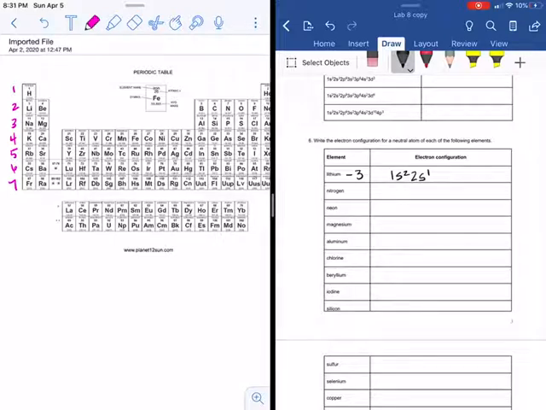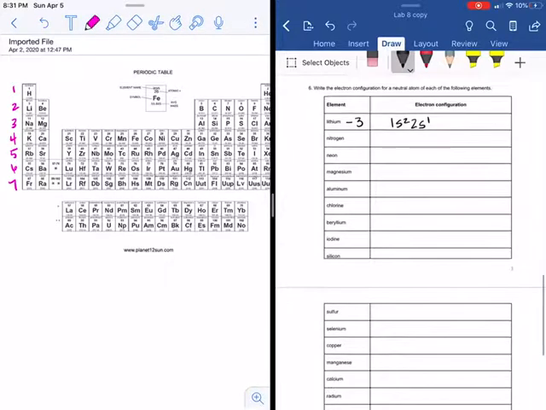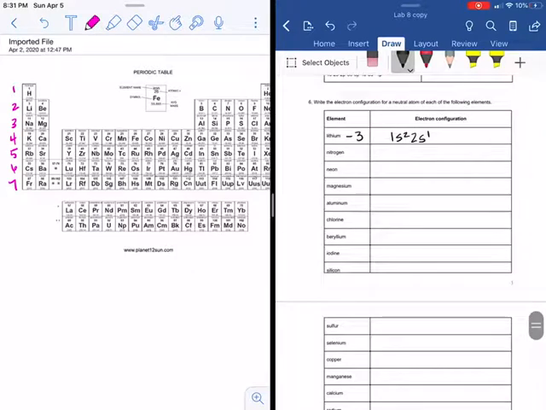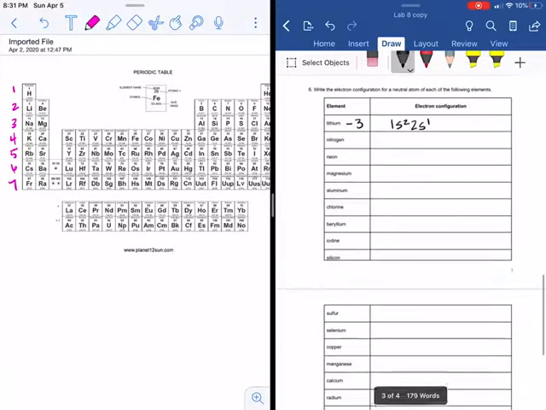Well, let me do one that's a little bit harder. Let's see, I'm trying to figure out a good one.